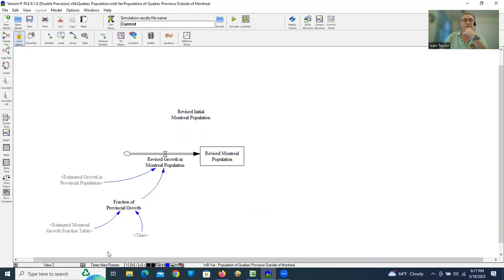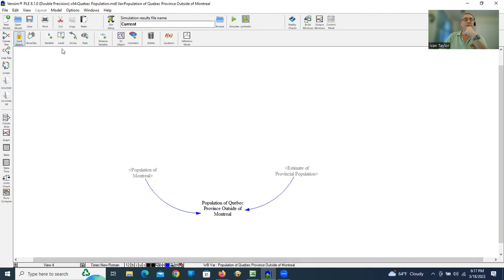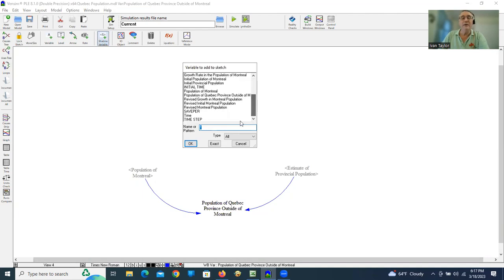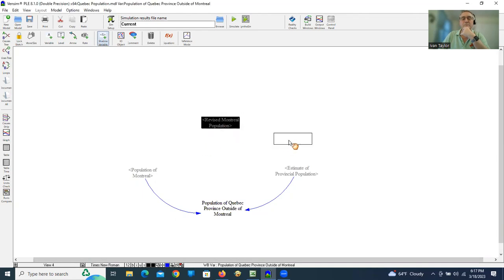And if we go now to this page, we can look at another view of the situation where we have an idea of the revised Montreal population and another variable called the revised population of Quebec province outside Montreal.